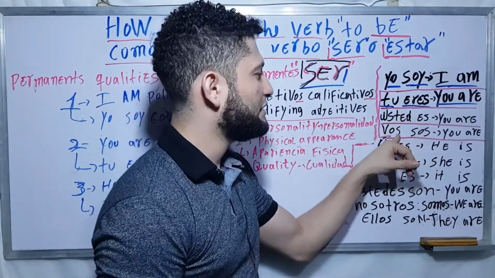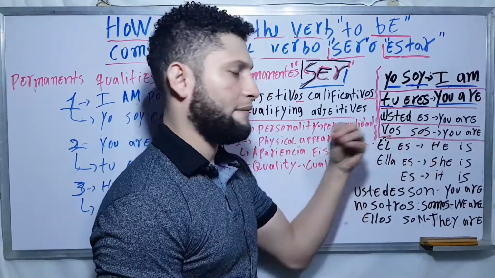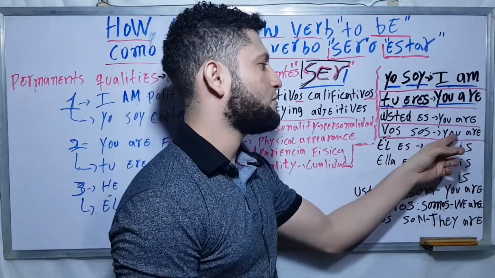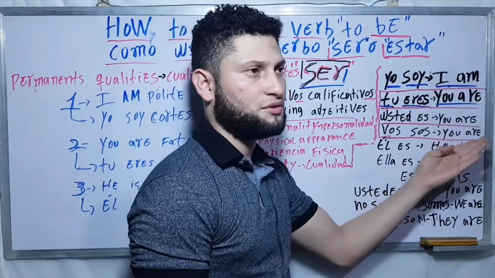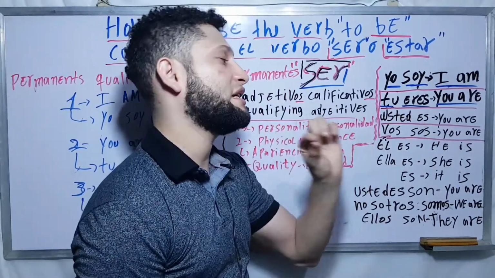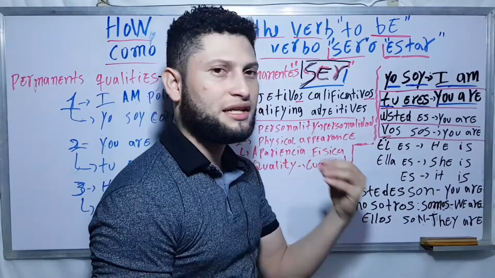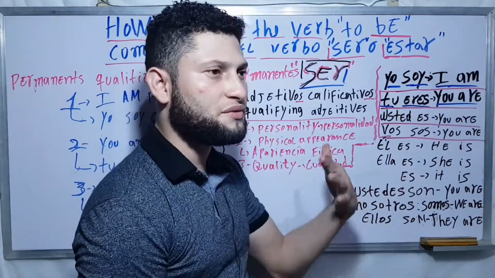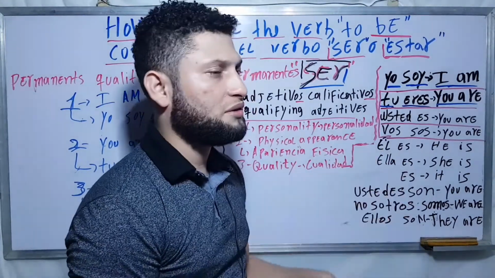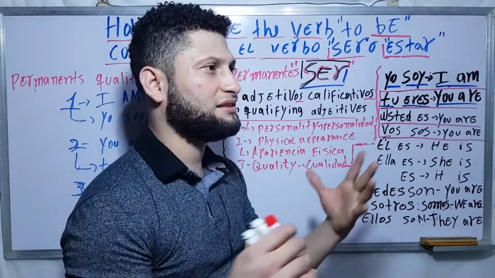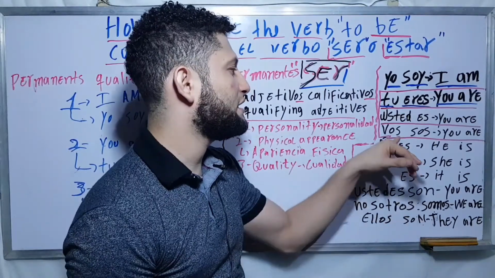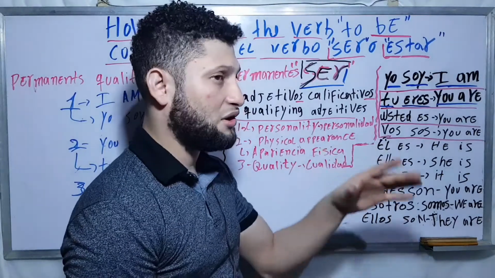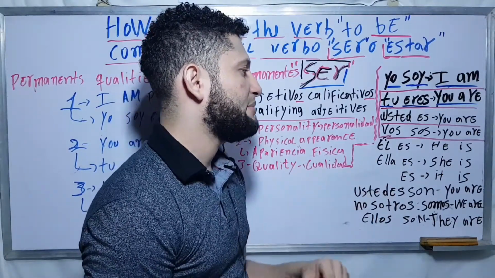And now this one, vos sos, is also you are for the second person in singular. This one is really popular and common when you are speaking with a friend of yours. If there is certain confidence, you can say vos sos, a really common one, for you to keep in mind.